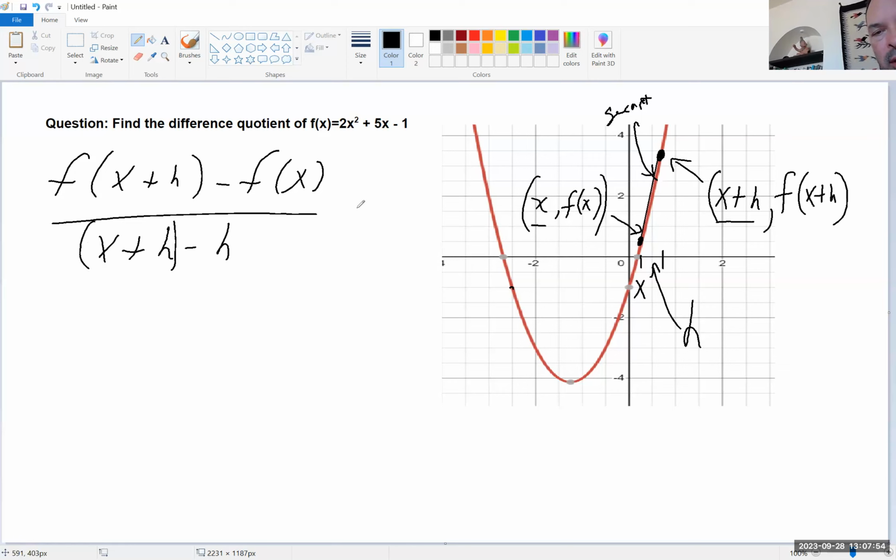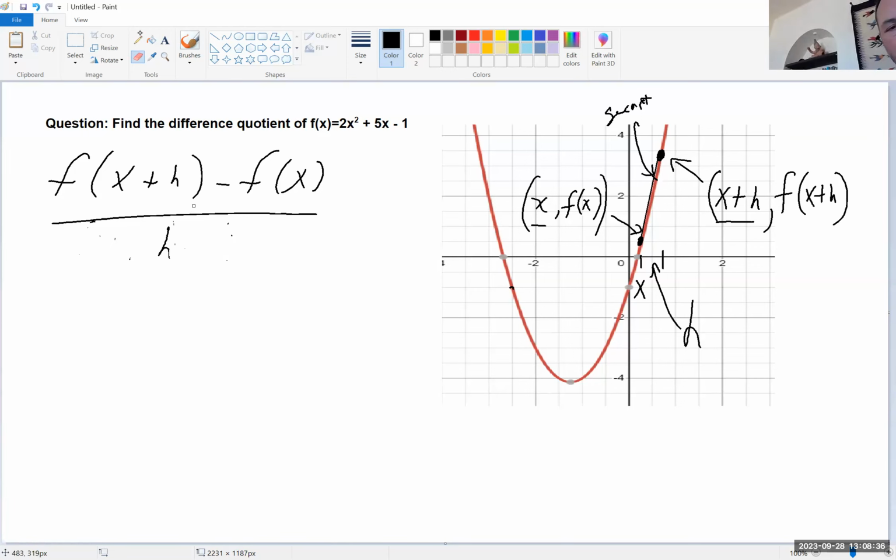If you think about the run, x plus h minus x, that's how you compute the run. If you notice, then the x's are going to cancel. So that's why the formula simplifies to this.